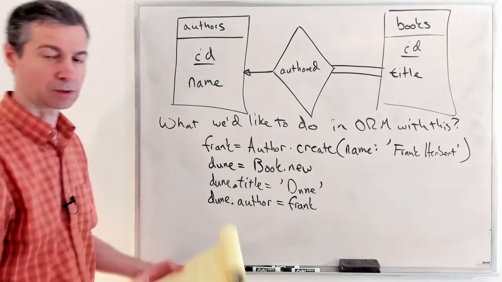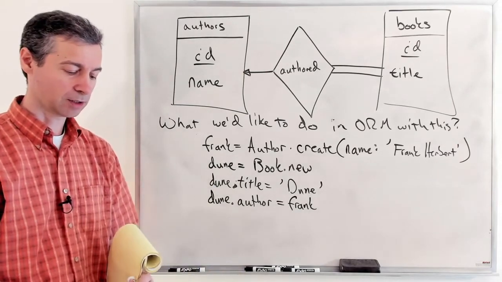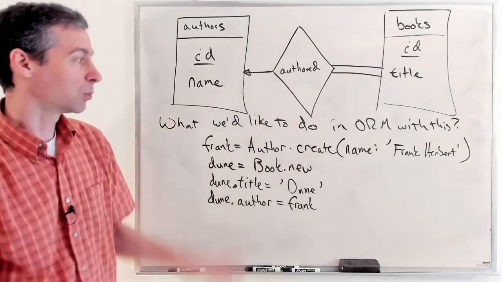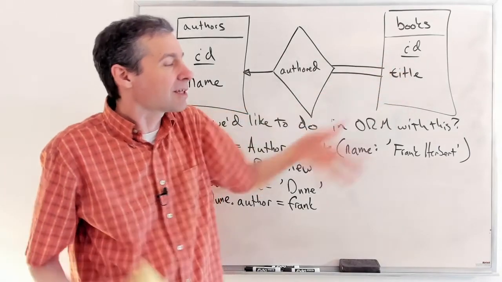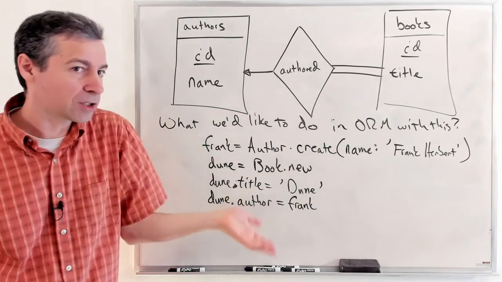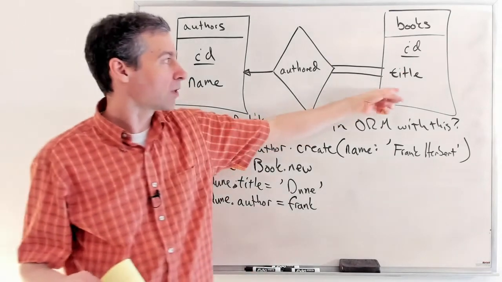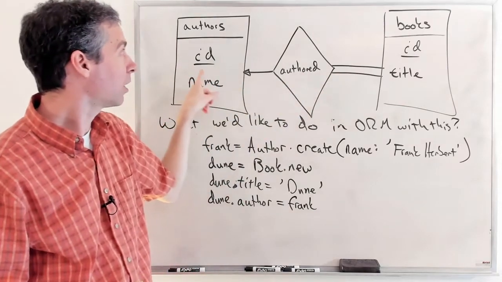Now, note, by the way, that there's no author attribute over here. So when we've made a book model, it doesn't have an author attribute by default. What we know is, though, that every book has, totally participating, one author.